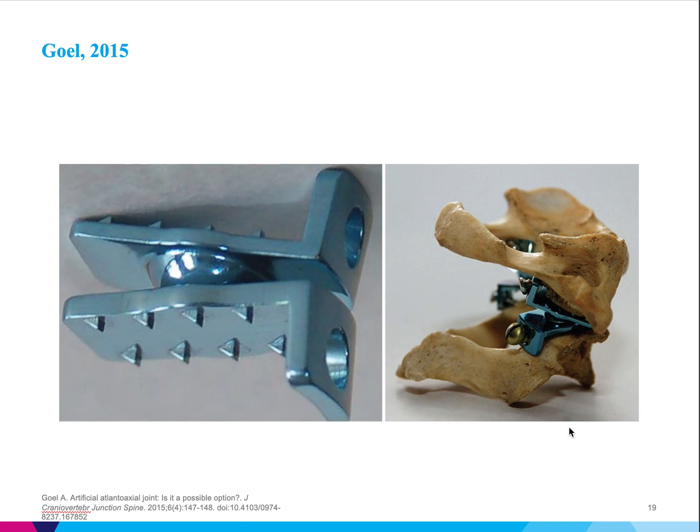And as you can see in this image, this type of ball and socket design will certainly allow flexion, extension, lateral bending, but in his design, the ball actually is not capable of leaving the socket, which is good for preventing C1-C2 subluxation, but it actually does not allow axial rotation.